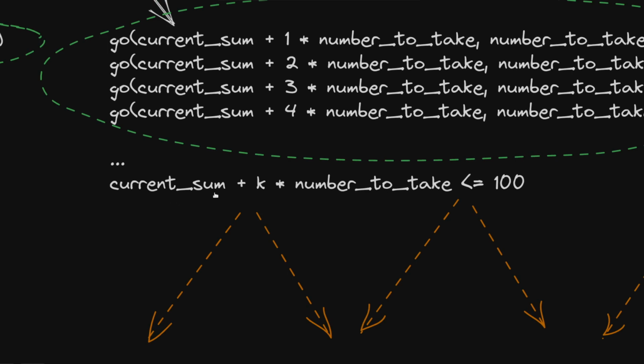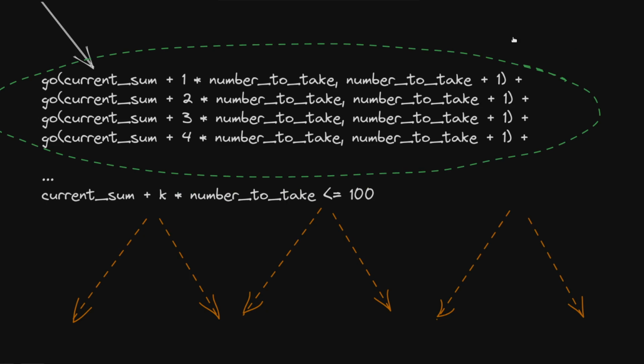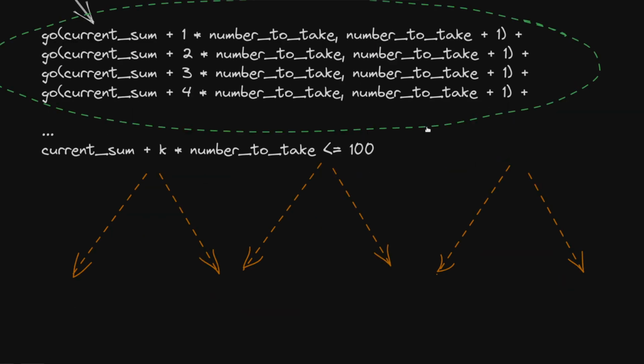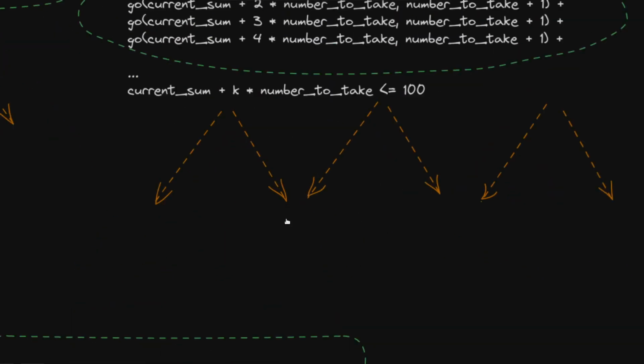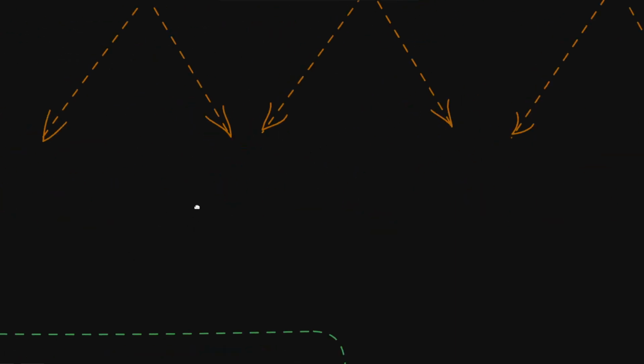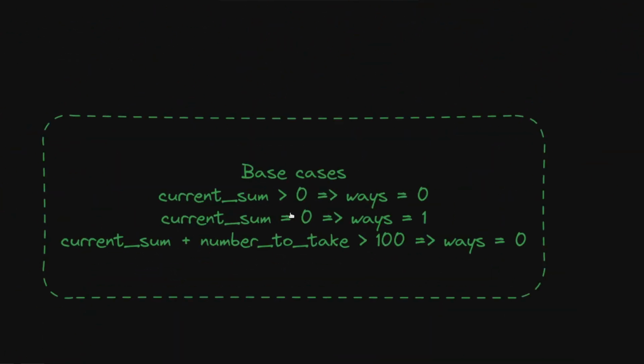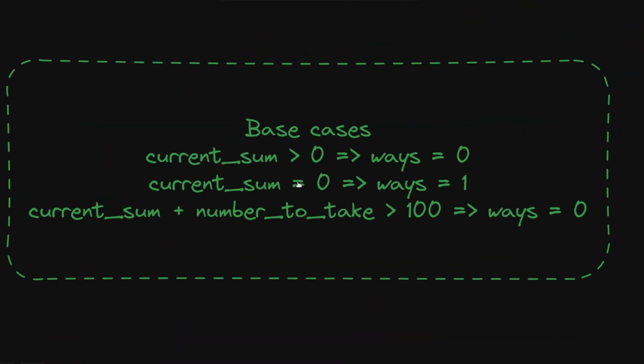So if we are going to iterate over this k from 1 to any times, let's say it might go up to 100 only, but until this condition is met, we are going to iterate over all the possible choices for that, and again the branches will go on, and we are going to eventually reach a base condition. So let's see what the base condition may look like.